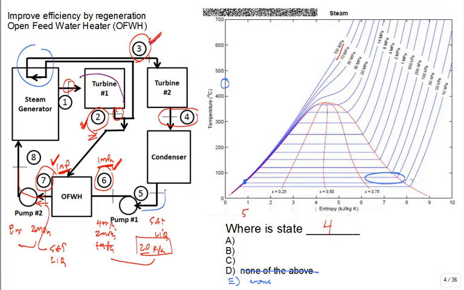Right in here is A, right in here is B, right in here is C, and right in here is D. Those are my new areas. You have a minute to do it. So those are my new areas. Okay? Is it around A? Is it around B, C, or D for state 4?